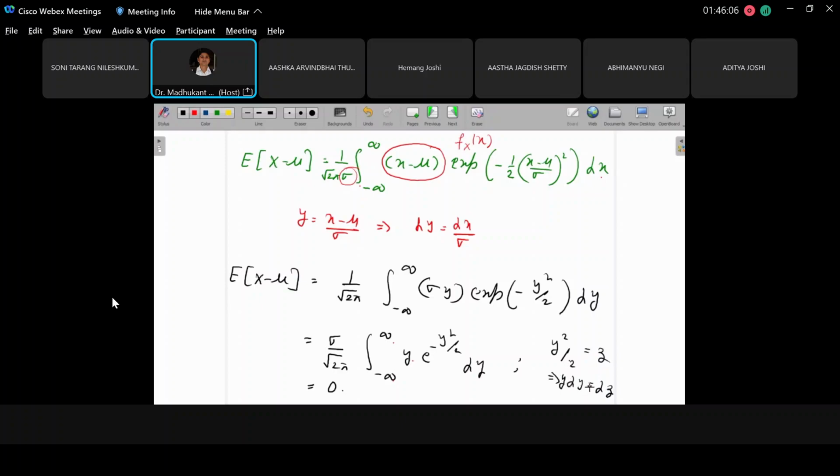From here, y dy is dz, and this integral is transformed into sigma by square root of 2 pi times the integration, where y square by 2 is z. So how will you change the limit?